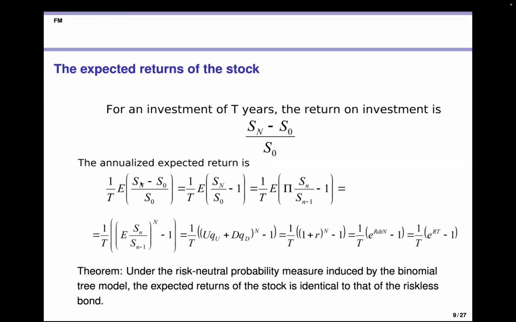We can divide this by this minus this by this, and it's 1. And after that we can write this as the product of Sn divided by Sn minus 1.